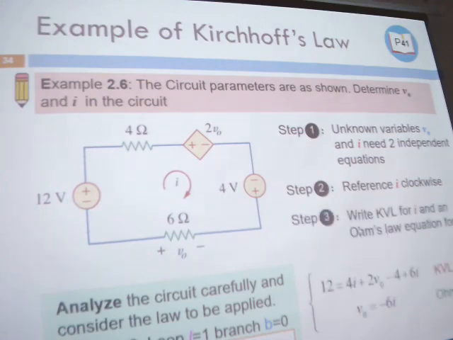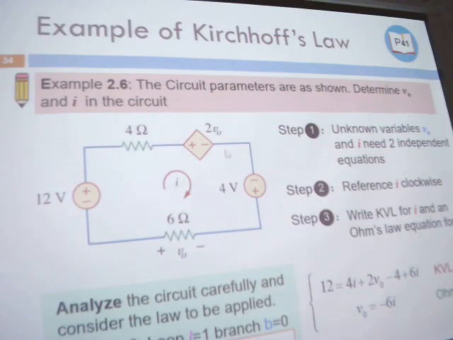And step 3, we write the KVL for the independent loop. Because from the analysis we can only write out one KVL equation, no other equation. Clear? So we write the KVL equation for I and the Ohm's law equation for V0.